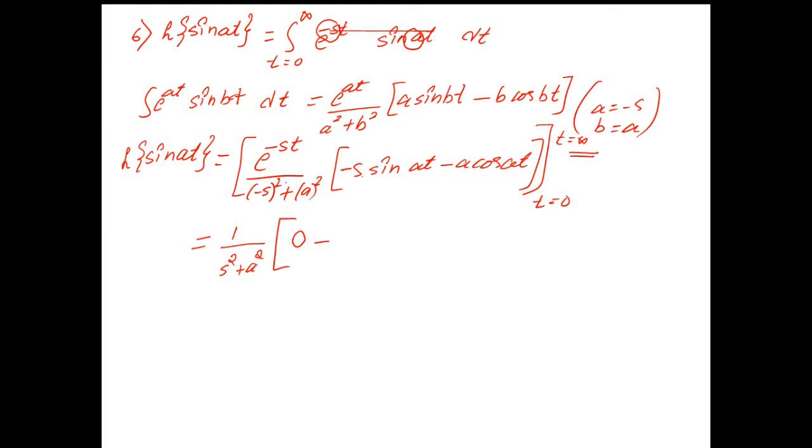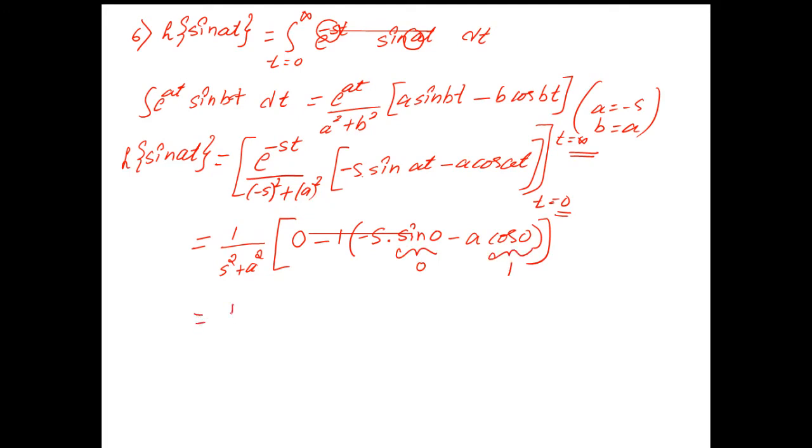Now apply the lower limit, t is equal to 0. So while substituting t equal to 0, e power 0 is 1, times minus s into sin 0 minus a times cos of t is equal to 0, so cos 0. Further, we know that sin 0 value is 0 and cos 0 value is 1.